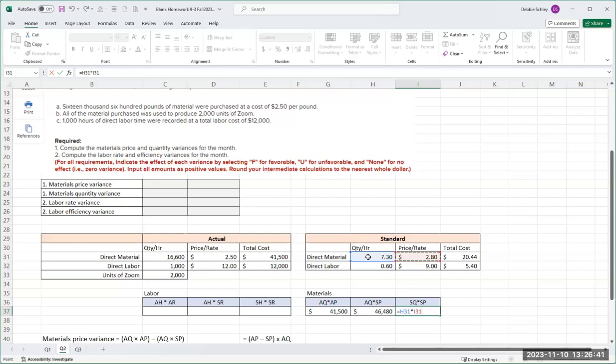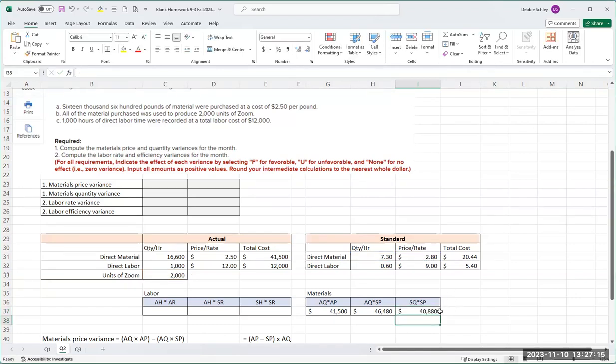So quantity per hour, no, quantity, we're talking about materials, pounds per unit times the price per pound. And then I times that. Hold up. First, I'm going to do the quantity per unit times the units. There we go. That's SQ. And then I'm going to times it by the standard cost per pound.